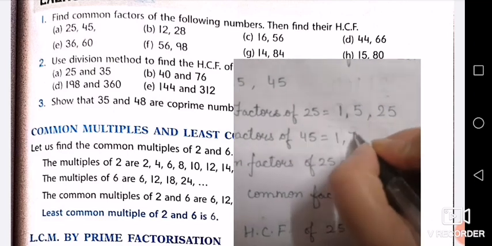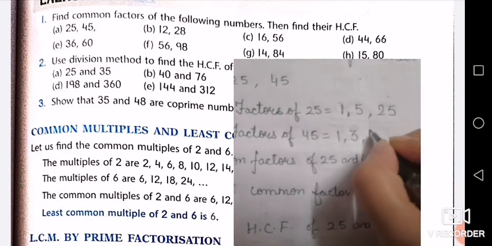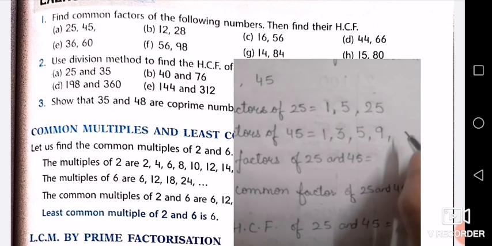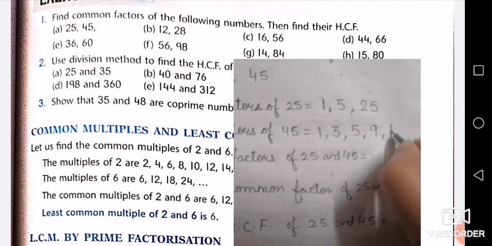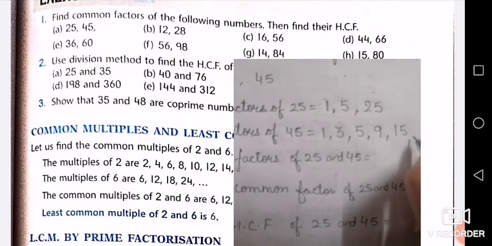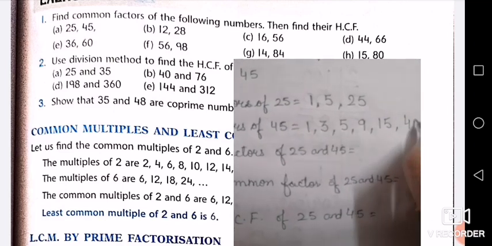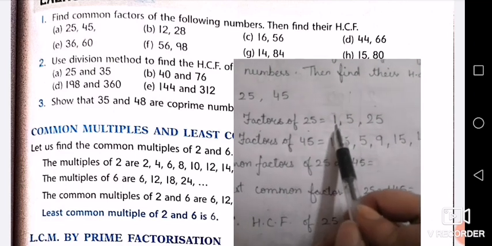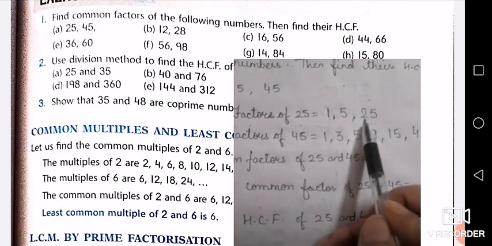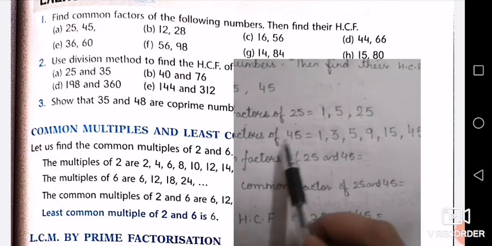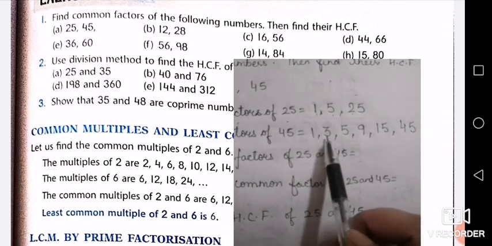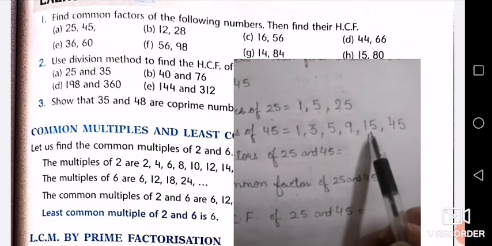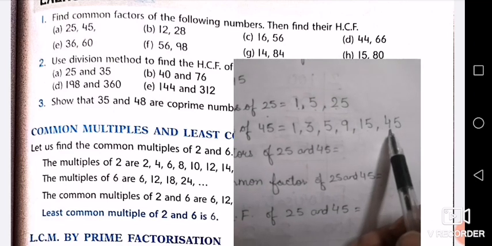After that 3, then 5, then 9, 9 fives are 45, then 15, 15 threes are 45, then 45 itself. Now factors of 25 are 1, 5 and 25 itself. Factors of 45 are 1, 3, 5, 9, 15 and 45.